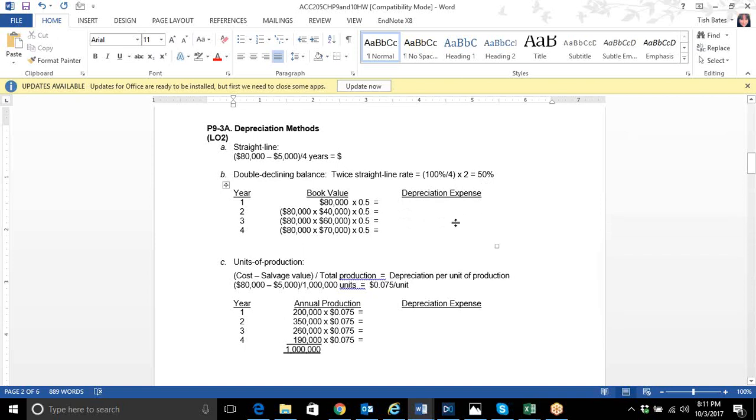So you just keep carrying it down each year until you get all of your numbers for all 4 years. Does that make sense? Any questions on double declining? Yes. The last year is always going to be the final number. Yes.